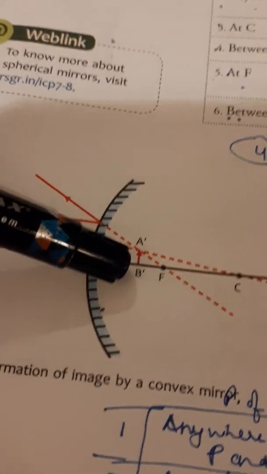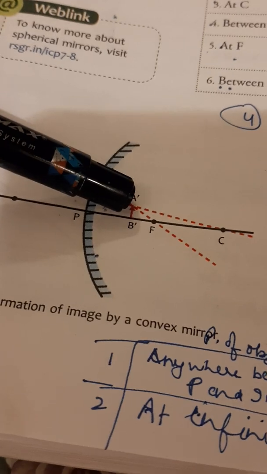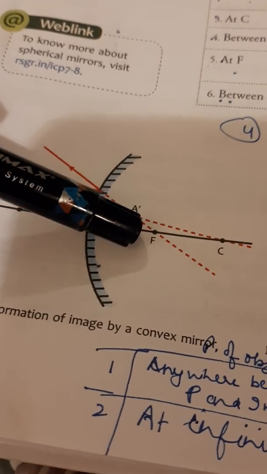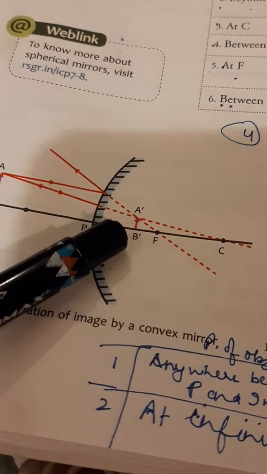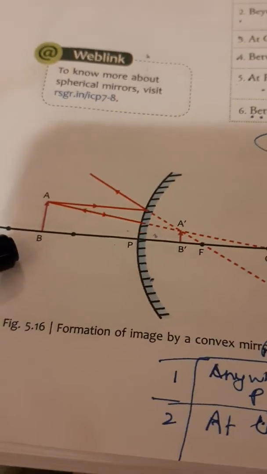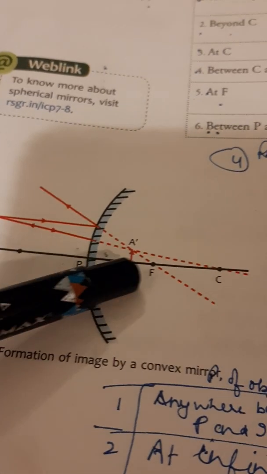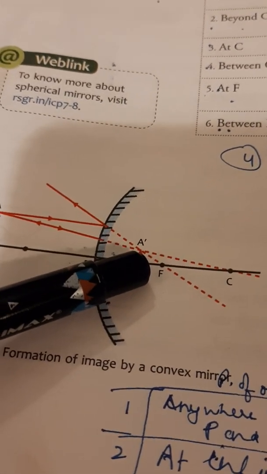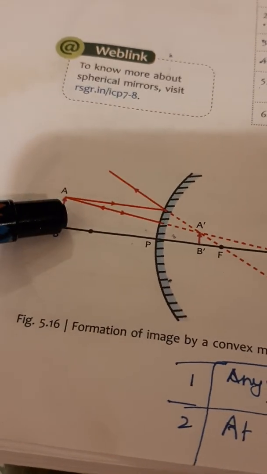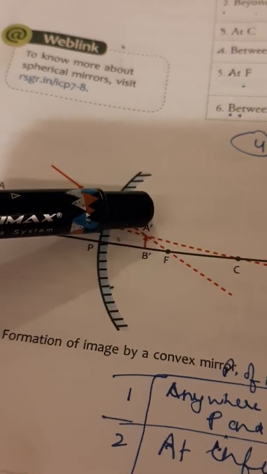Now what do you see? This intersection point is A dash. A vertical line is drawn. So A dash B dash is the image of the object AB. You see the object is in the upward direction, the image is also in the upward direction.